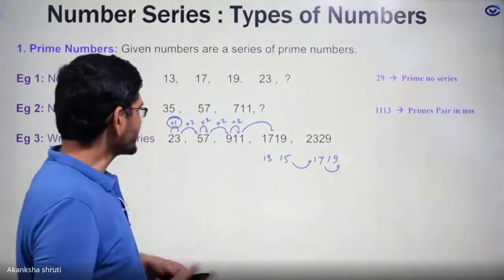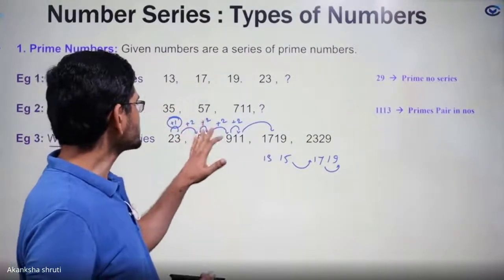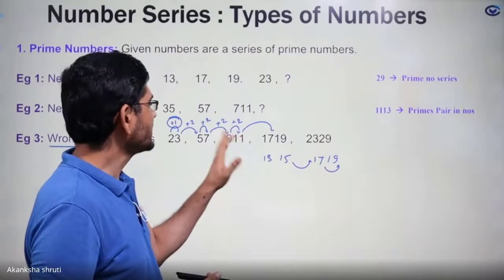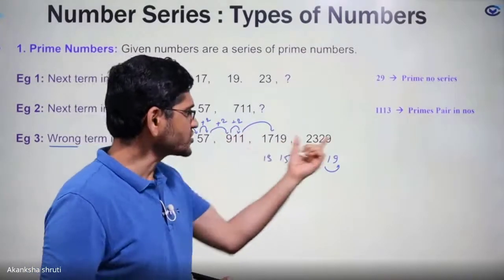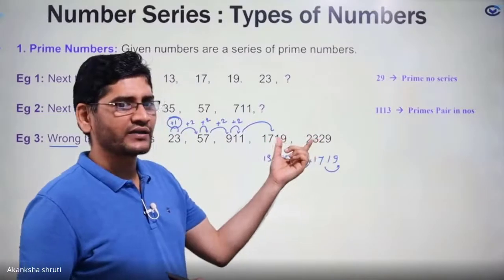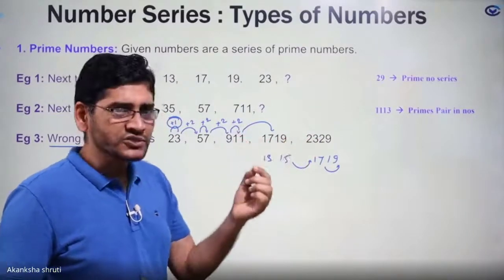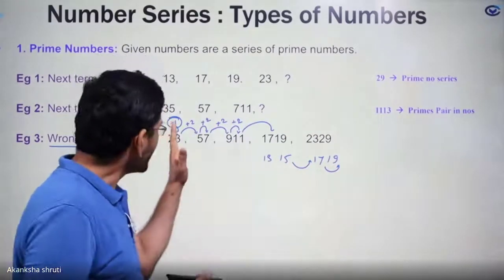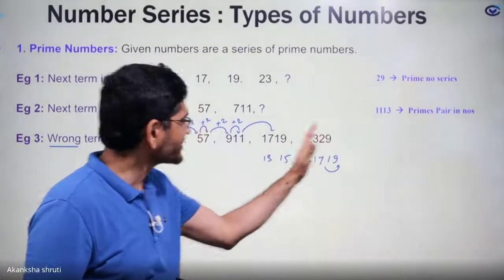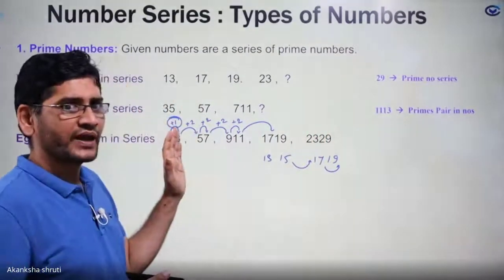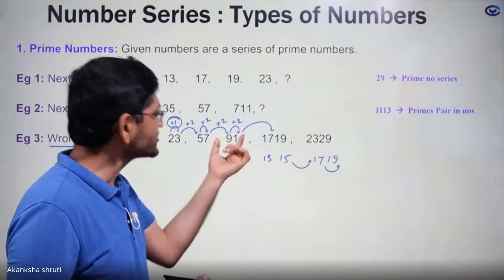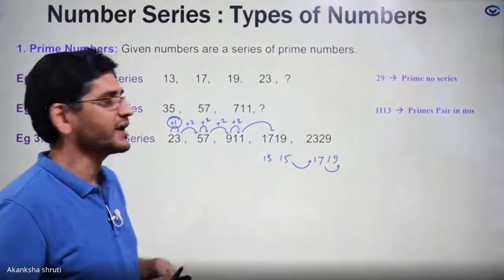But if we are considering plus 2 even for the next succeeding term and within the terms, then these 2 terms are not satisfying. But we have to search for the single term which can make our rule satisfactory for all the terms. And what is that wrong term? What will be the correct in place of that wrong term? That also we have to find.